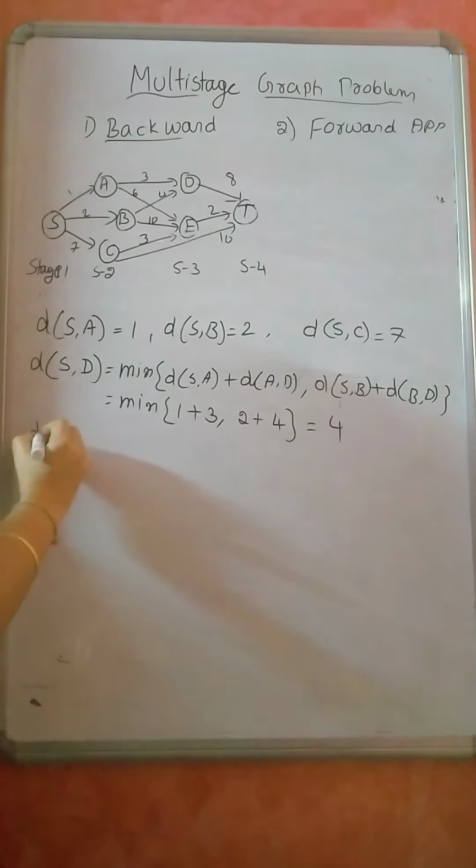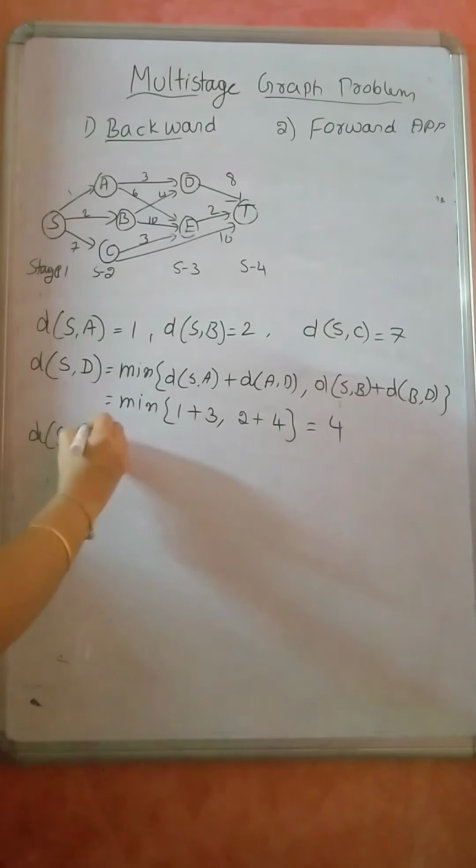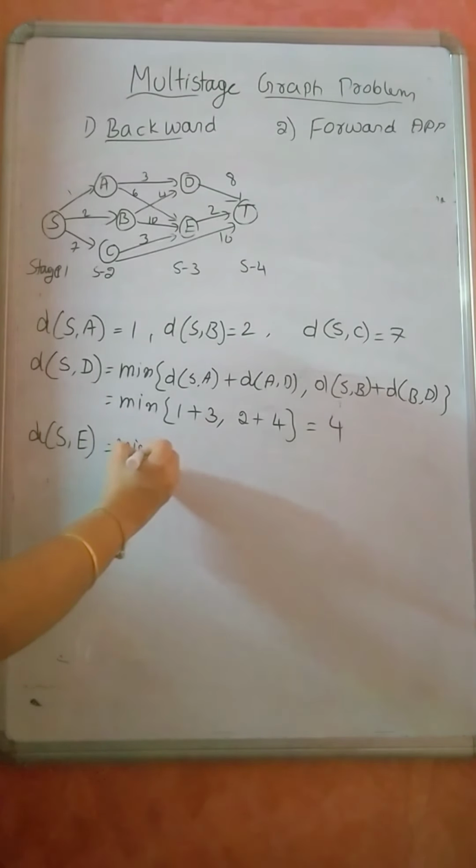Now distance from S to E. It is the minimum of, how many incoming edges are there for E?